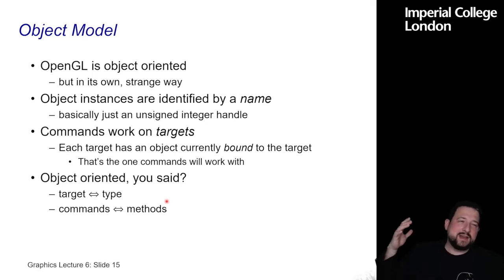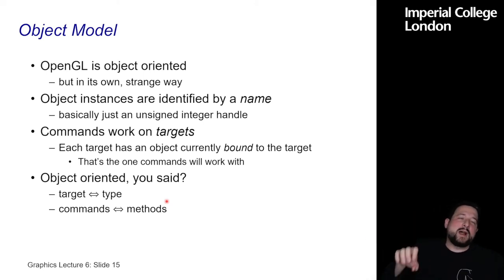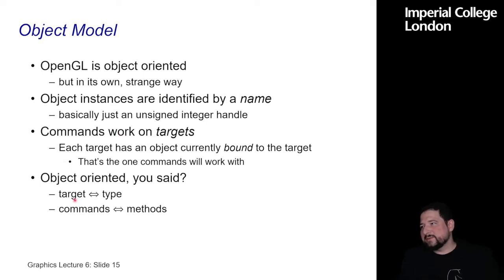So it's not like you have a function which you pass on the objects it should process. No. You have to activate all of these things, lay on your stack, and prepare everything before you run that one command. So the object-oriented bit comes from this. So the targets here, the types, right? So this is the type I can pass on. And I don't need overloaded functions in this context if I have this sort of target system, and the commands are methods of your objects.